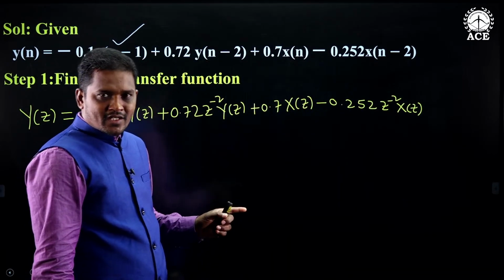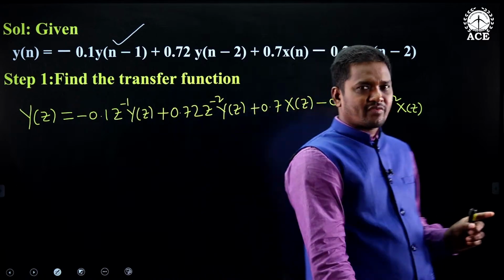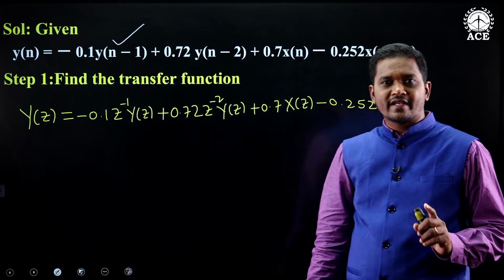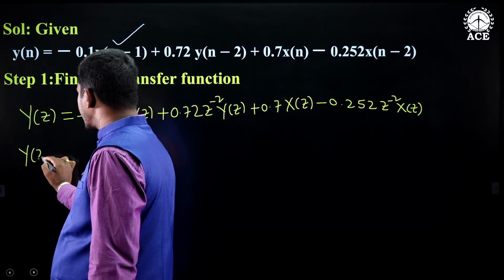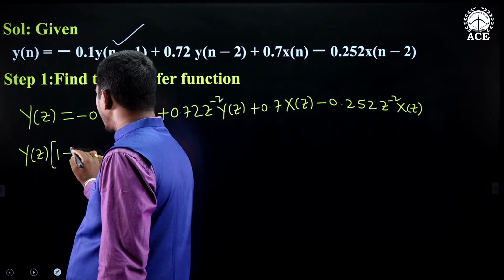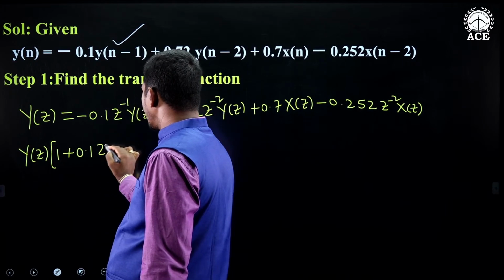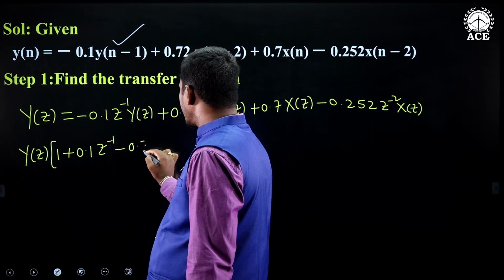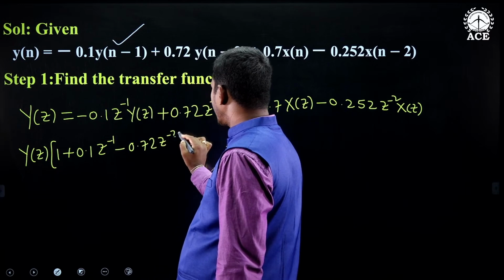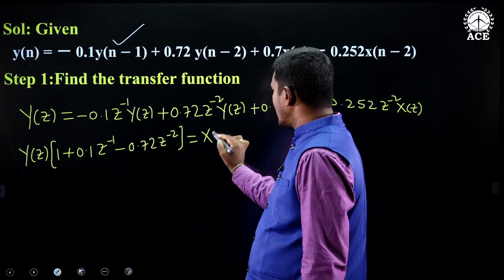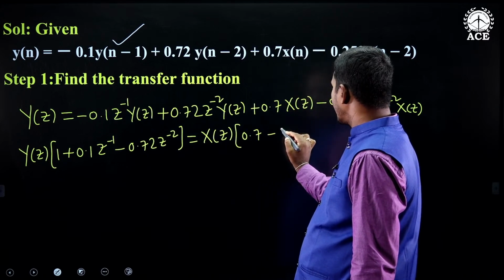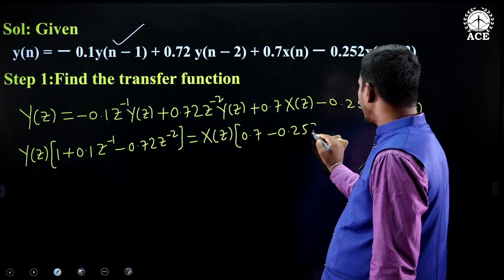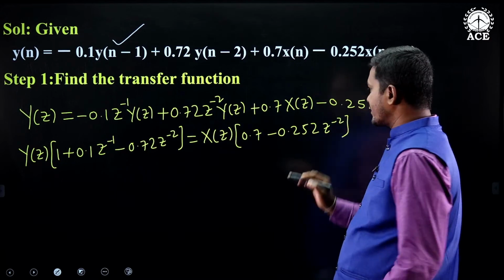Understood? Yes. So find the transfer function. What is the transfer function? H of z equals y of z by x of z. Let us take y of z common here: 1 plus 0.1 z inverse minus 0.72 z power minus 2 equals, let us take x of z common, then 0.7 minus 0.252 z power minus 2, okay?